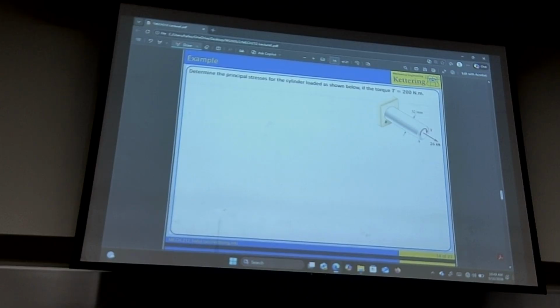So as you're writing this down, give me some applications of this in practice. The component is loaded in two ways. You're pulling on it, you're torquing it.